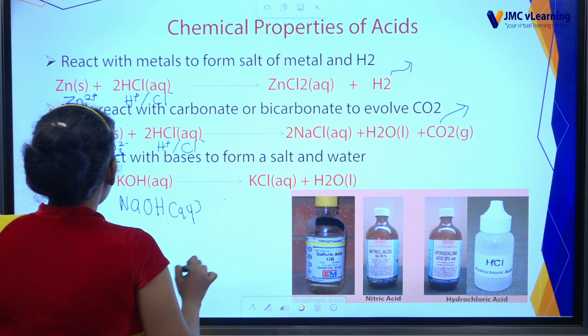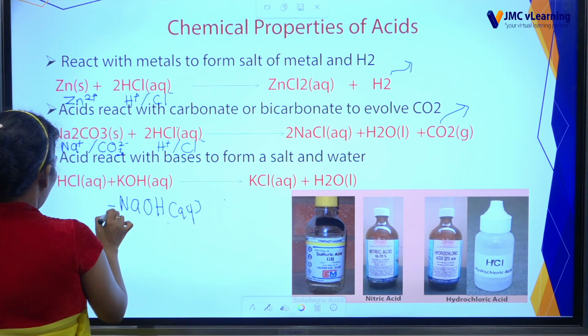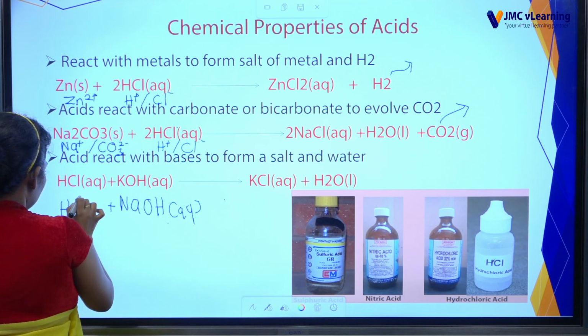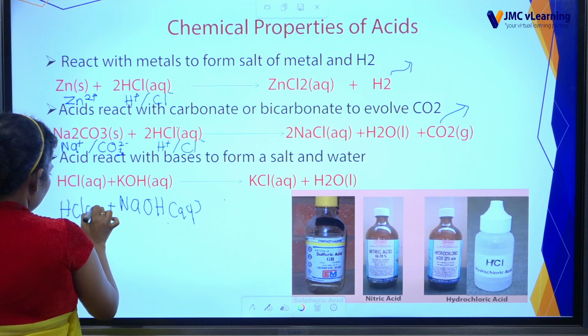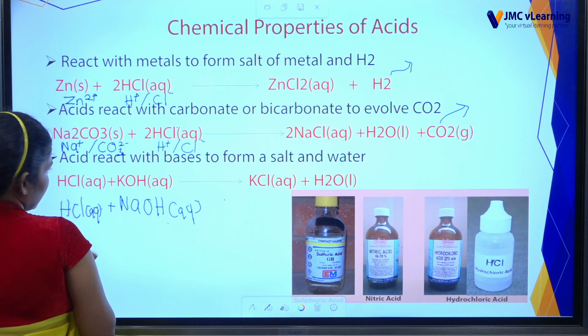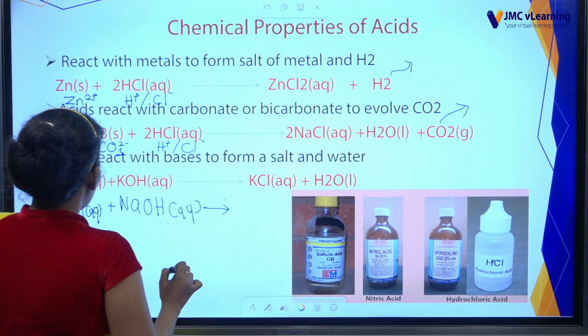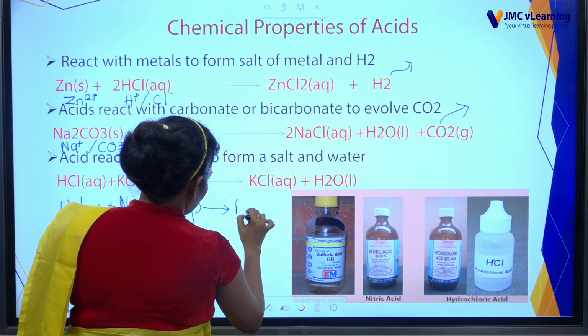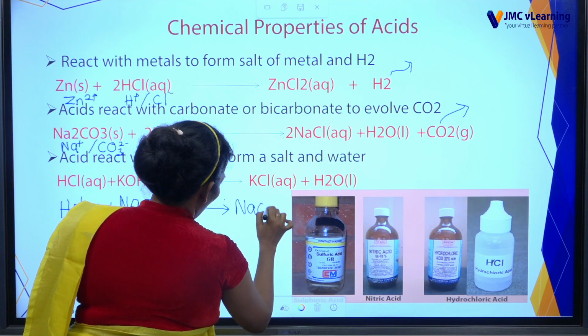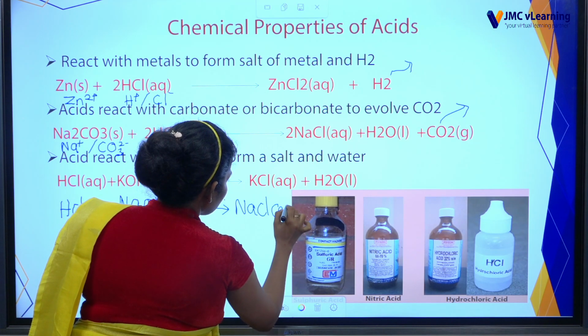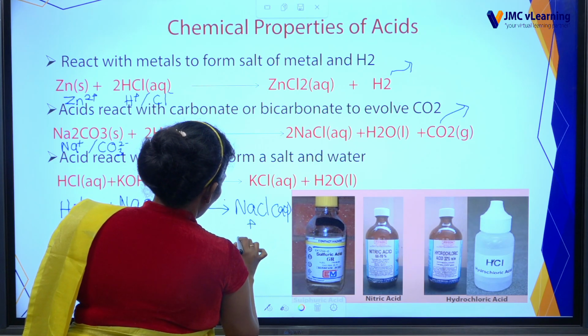When sodium hydroxide combines with hydrochloric acid, what are the products here? NaCl, that means sodium chloride, that means salt, plus water.